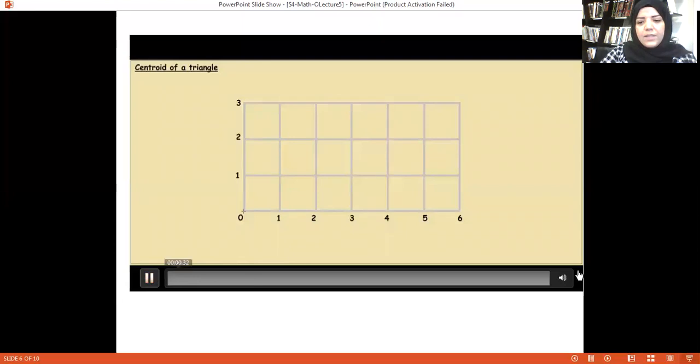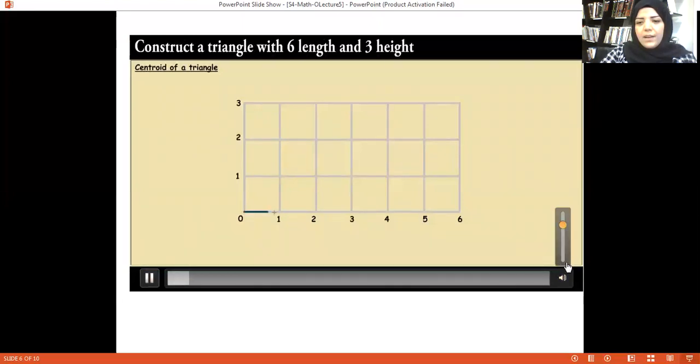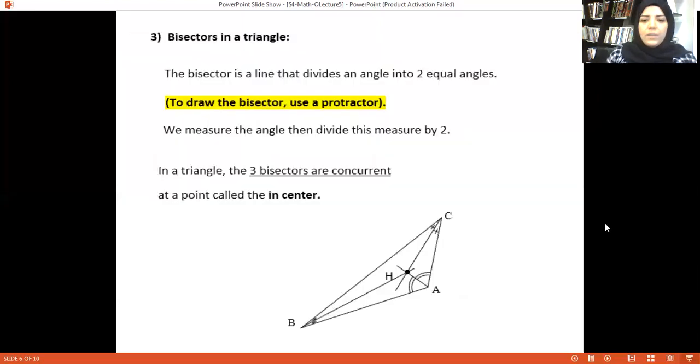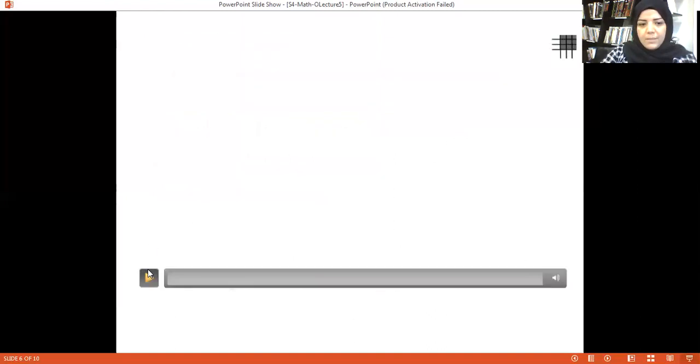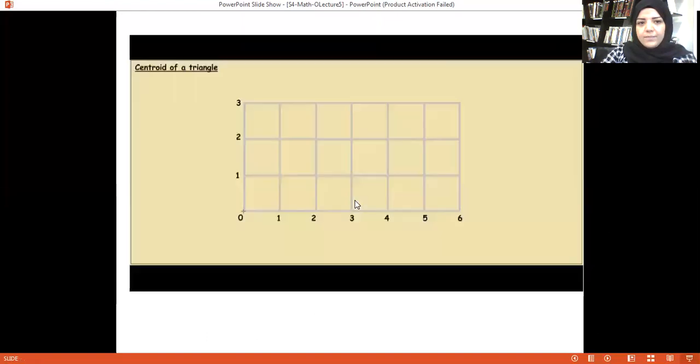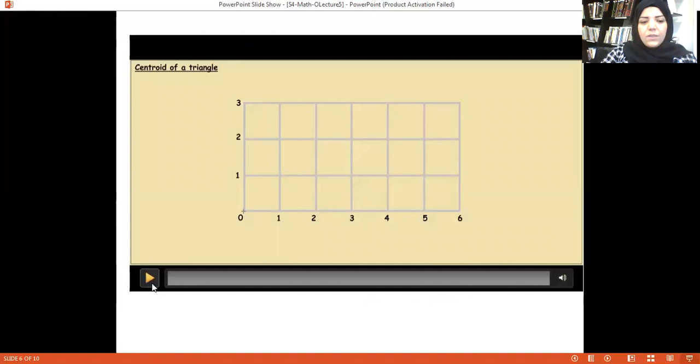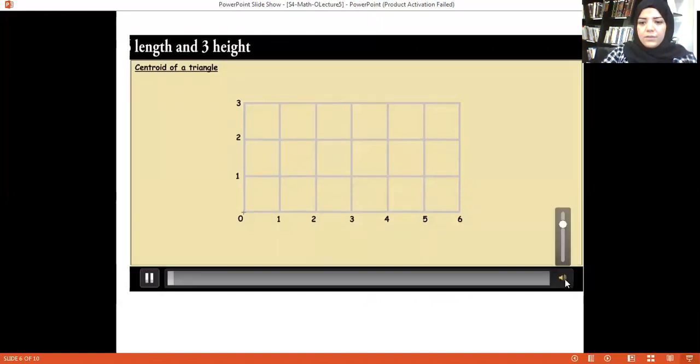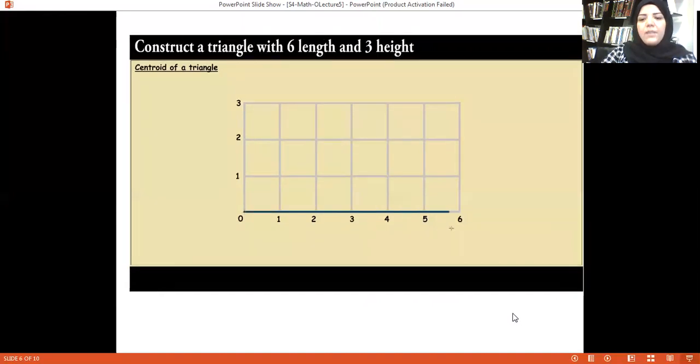Okay, let us see together the steps. So suppose we have the triangle. Okay, this is 6 centimeters, and this is 3, and this is the third side.